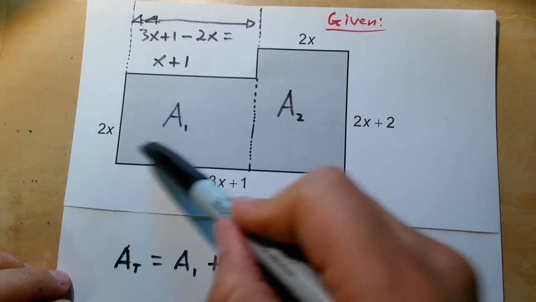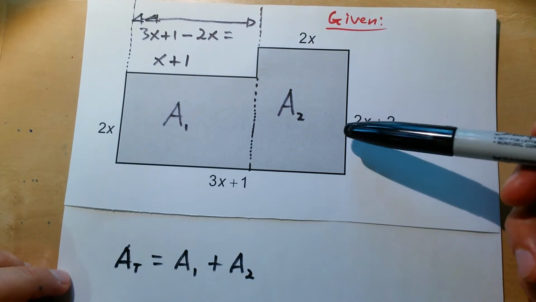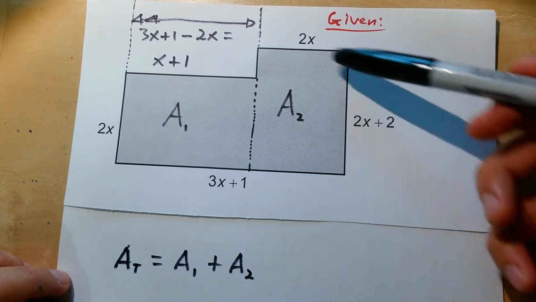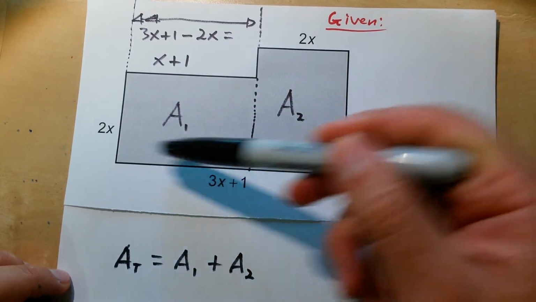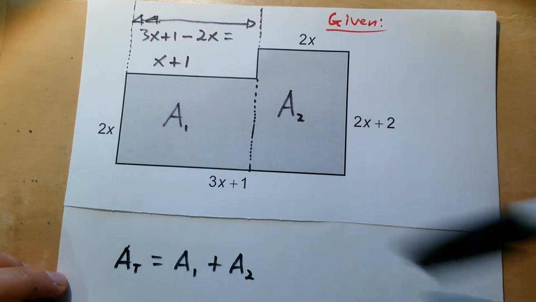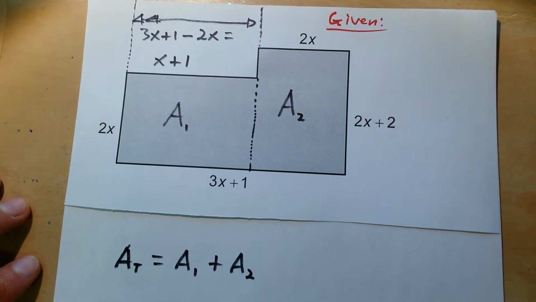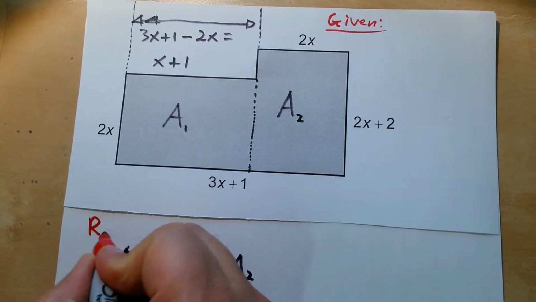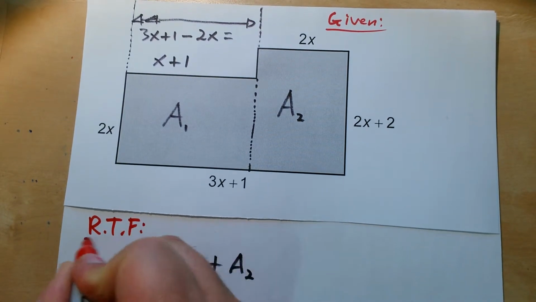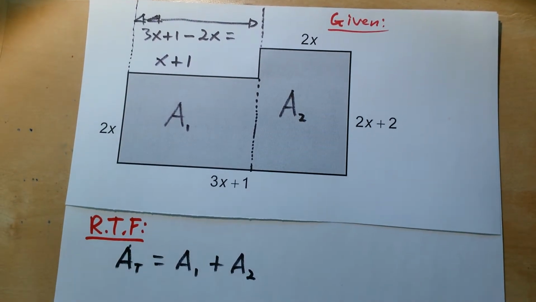So now we can find the area of this region. And the area of the second region would be 2x times this. Length times width, same here. Once we have that data, we know that this is what we are required to find. So RTF, I suggest you follow this format always.